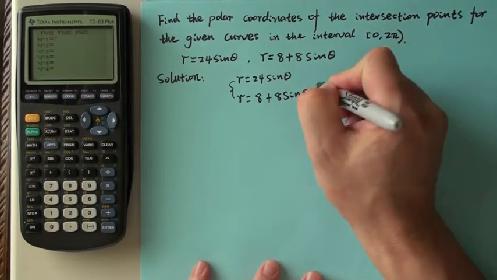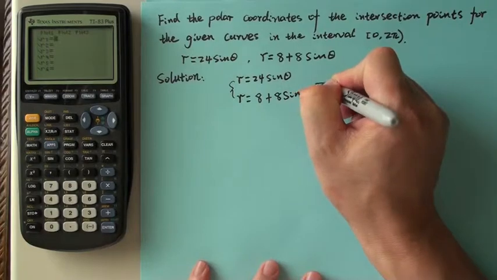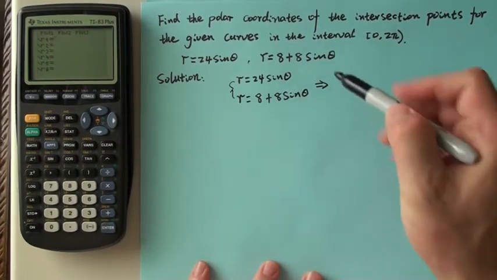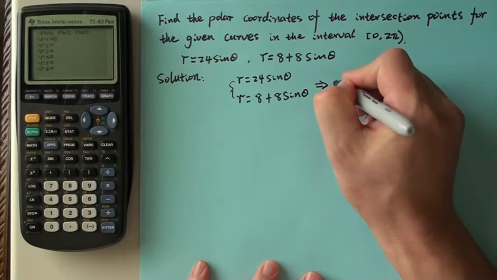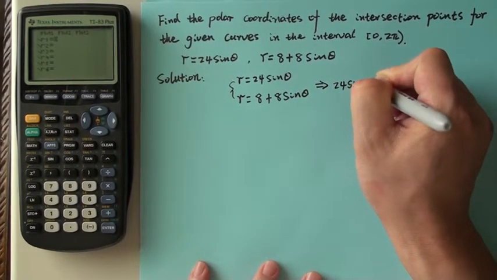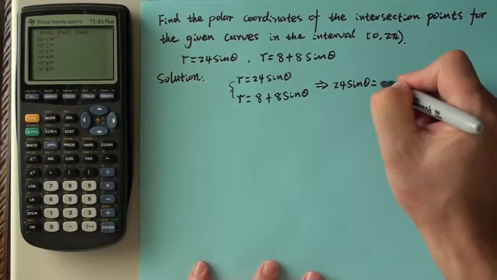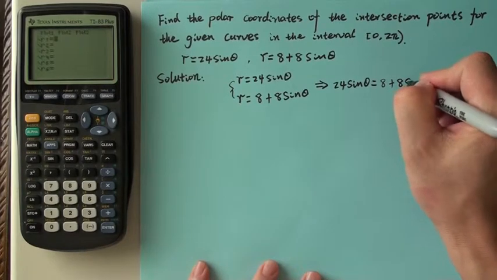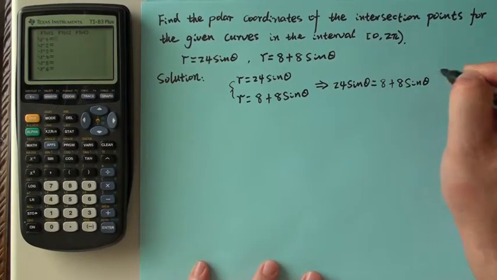Since r is that and r is also that, it gives 24 sine theta equals 8 plus 8 sine theta.